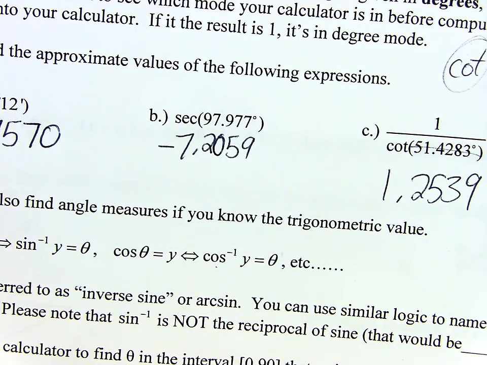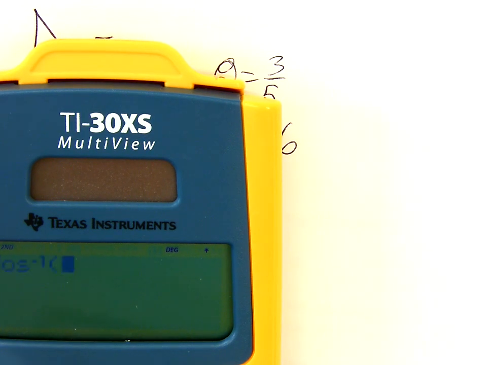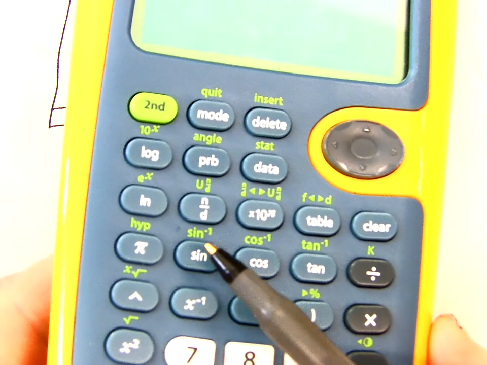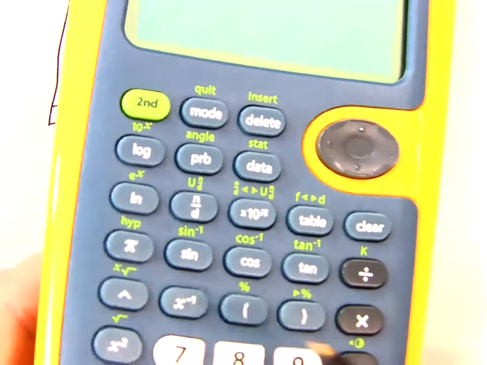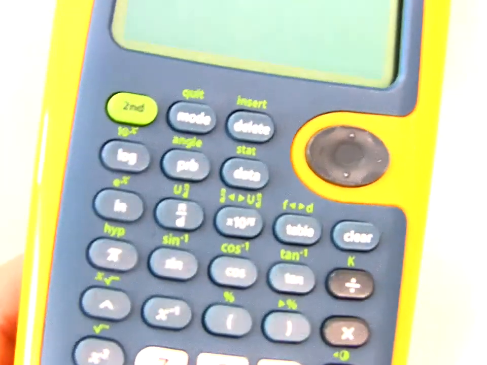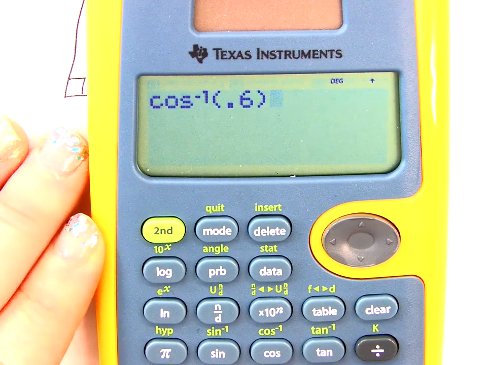So on my calculator to do it, I just hit second cosine. If you look right above the button for sine, cosine, tangent, see how it has them to the -1 power? See that? So if I don't know the measure of the angle, I hit second and then sine, cosine, or tangent. And then in this case, it'd be 0.6. And then I go ahead and hit enter.